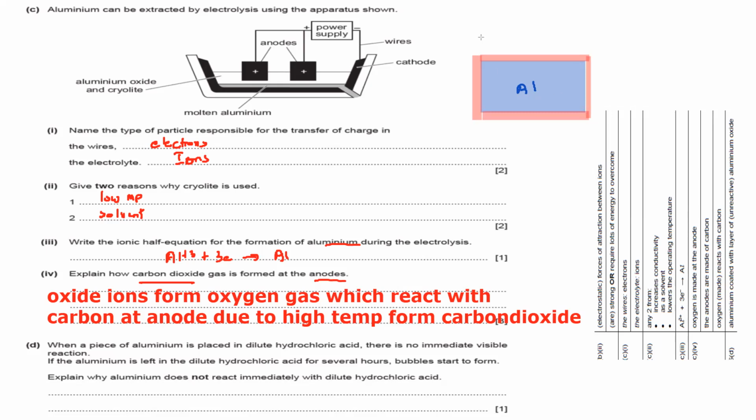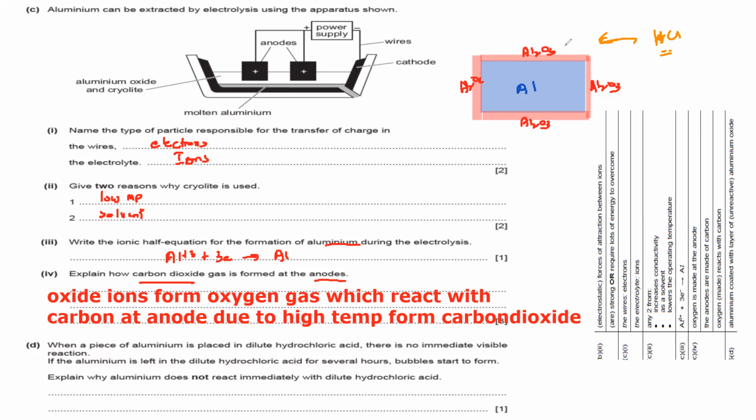And aluminium oxide does not react very fast, because metal oxides do not react as fast as metals. So when we add hydrochloric acid to a piece of aluminium, it does not react immediately. Why? Because it has a protective oxide layer, so the aluminium is coated with unreactive aluminium oxide. The acid does react, but not immediately.